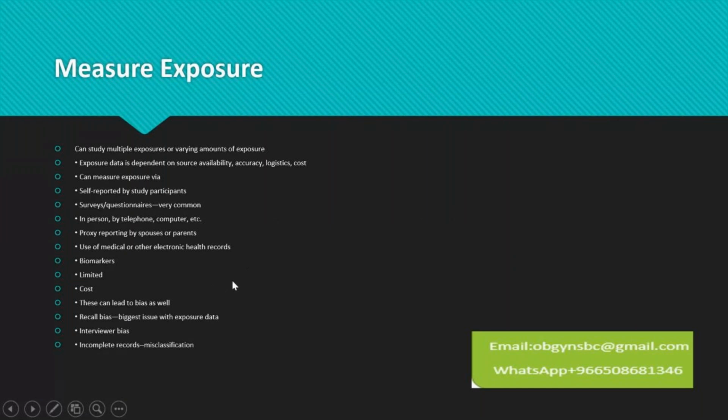Then we need to measure the exposure, and we can study multiple exposures or varying amounts of exposure. Exposure data depends on source availability, accuracy, logistics, as well as cost.